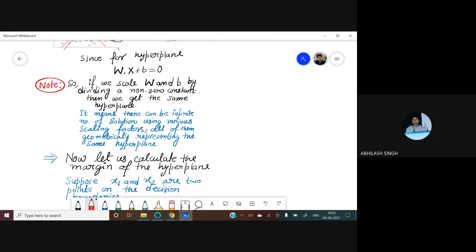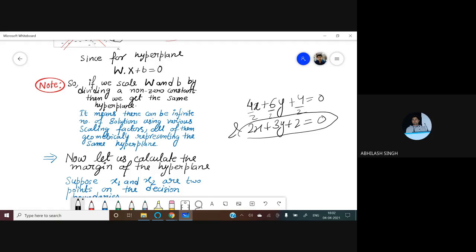Let me write it for you: 4x plus 6y plus 4 equal to 0, and 2x plus 3y plus 2 equal to 0. These two equations represent the same line. What we have done is just normalized the weighting coefficients and the intercept by the same number, that is 2.